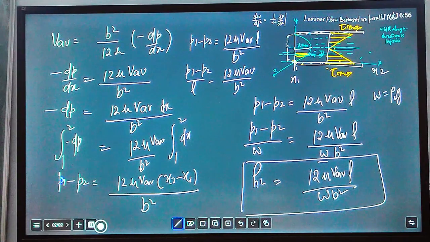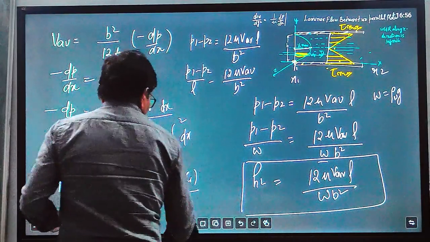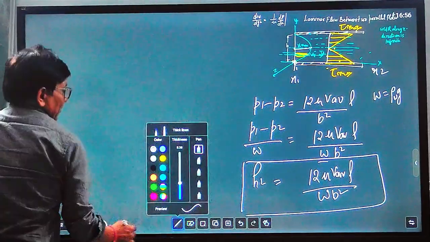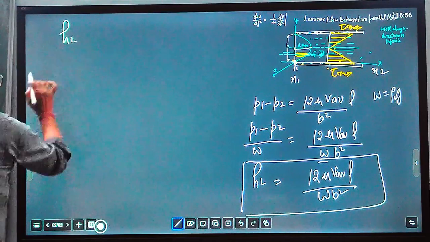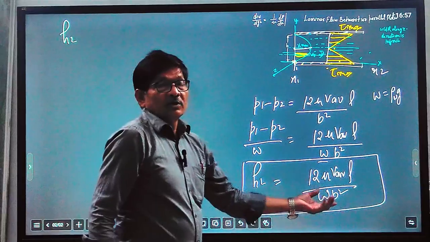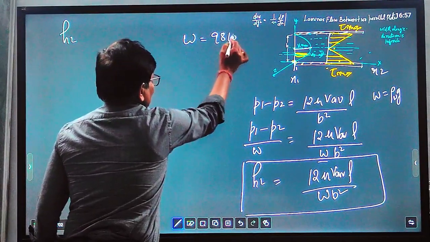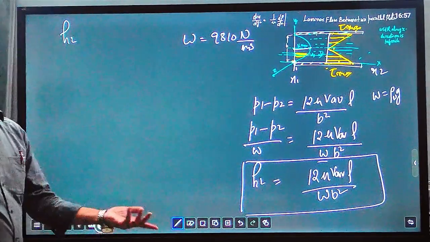Sometimes we have to find the power required. What is the power required to maintain this flow? We know the equation of power. We have calculated the total head loss HL in terms of the water column. For water, omega is given as 9810 Newton per meter cube. If it is another fluid, then we have to modify it.